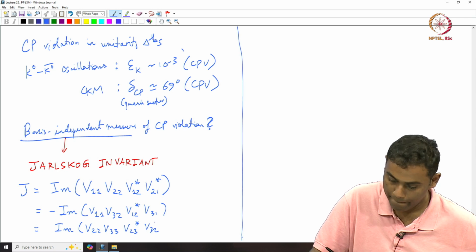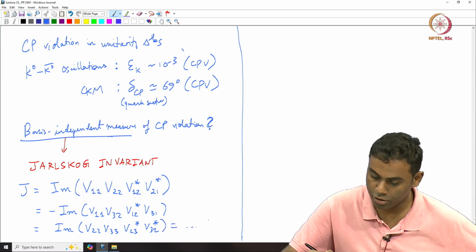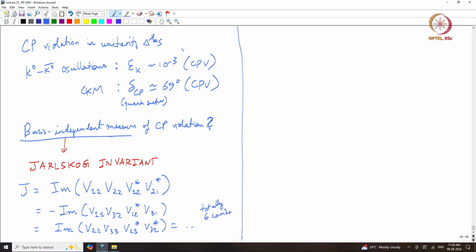And so on, and there are totally 6 such combinations. They are all the same, that is why it is an invariant.